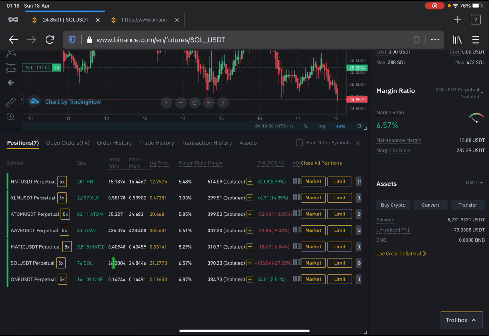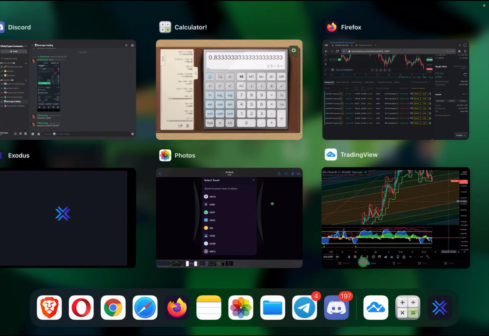And my entry price, that made it lower, right? Because I bought it at a slightly lower price. So now it averaged out my position. If I add in more, it would have moved it even further, you know what I mean? But my technique is I don't add in a lot. I add in small amounts in different dips. Let me show you.